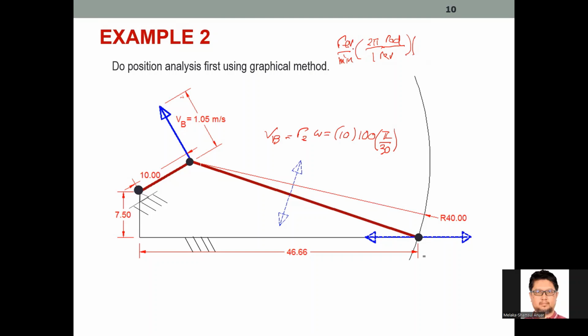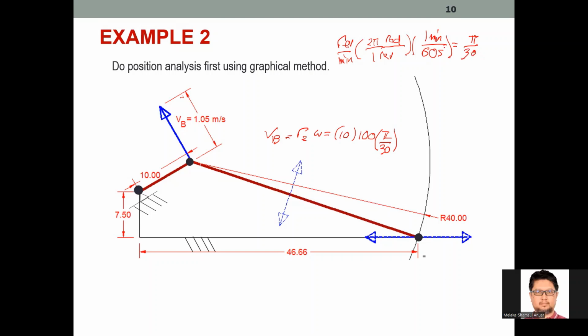So the revolution cancels, and 1 minute is 60 seconds. Then 2 pi divided by 60 gives you this conversion factor, pi over 30.